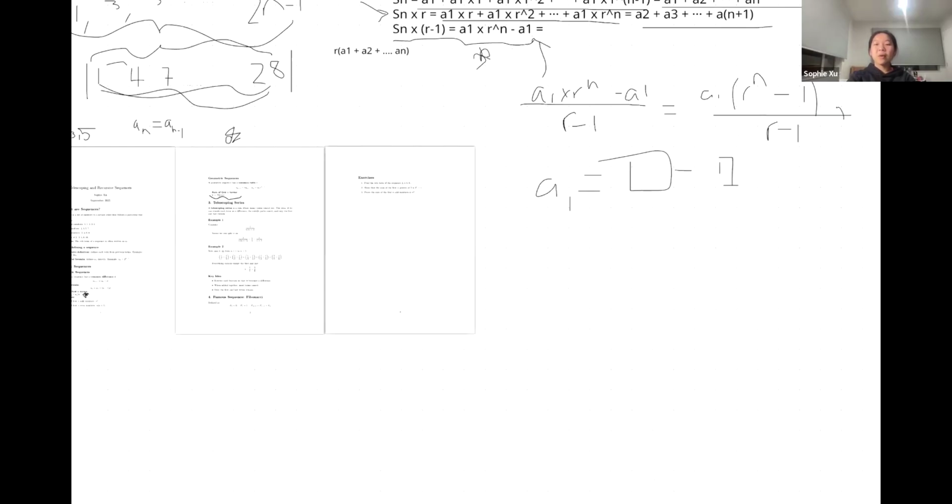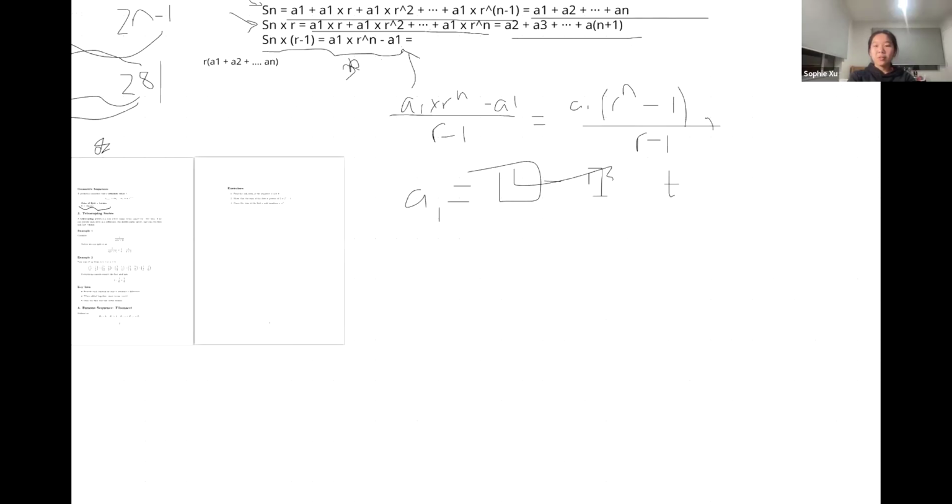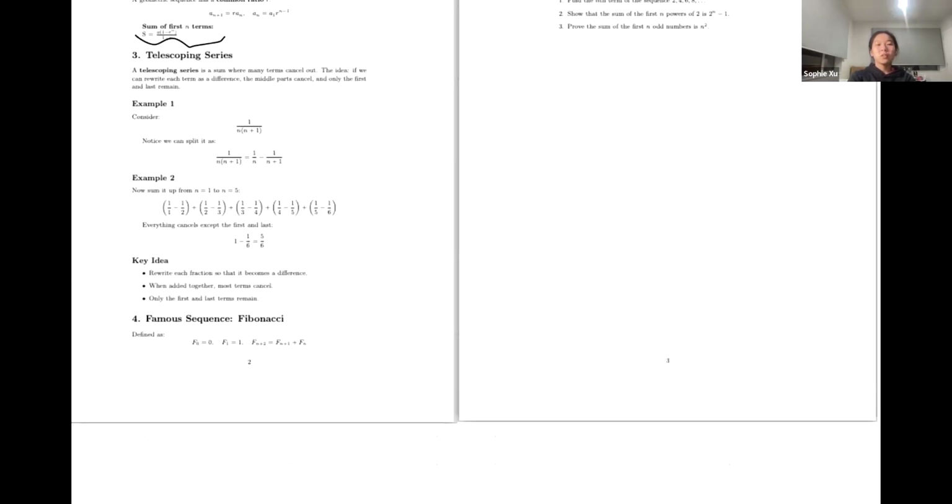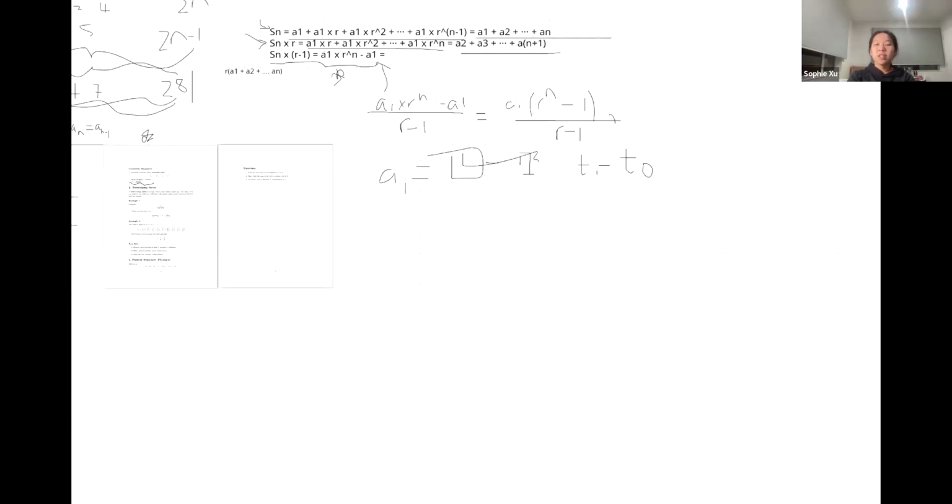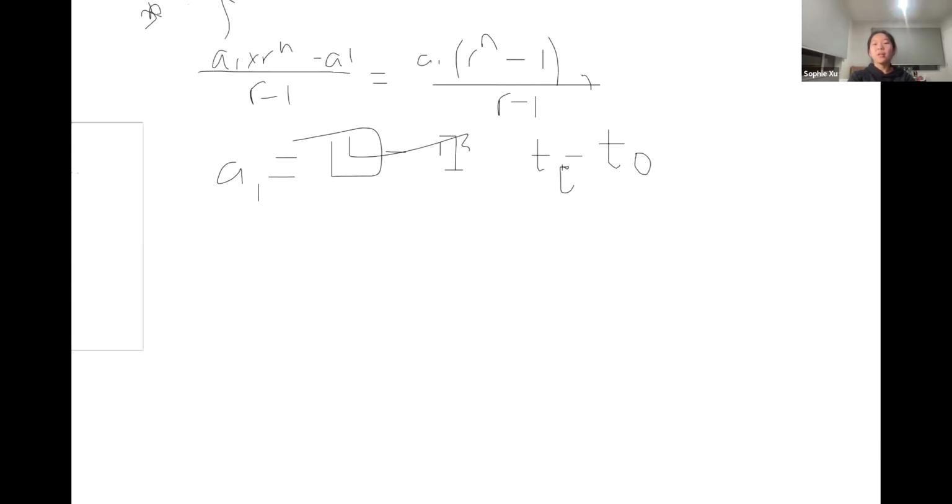Like, let's say a1 is t0 minus t1, and then a2 is equal to t1 minus t2.